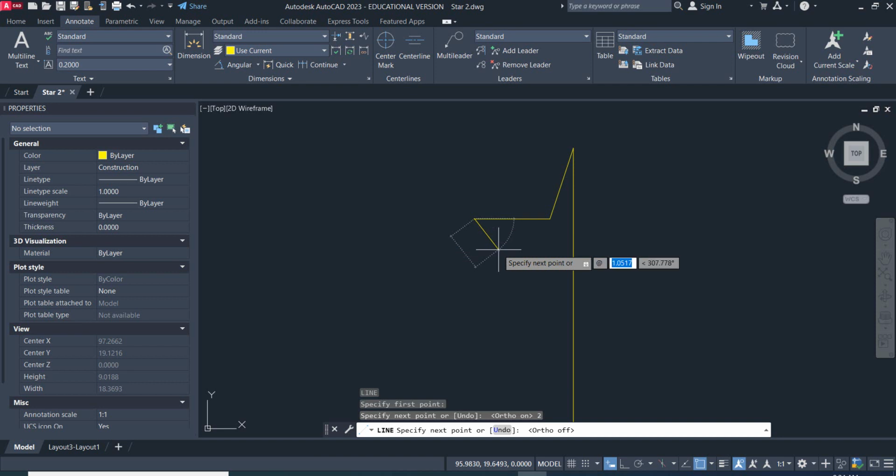So I'll say at 2 units, tab, and this one is going to be negative 36 degrees, because I'm coming from a horizontal line here. If we think of this as my x-axis, this being 0, I'm coming down 36 degrees.